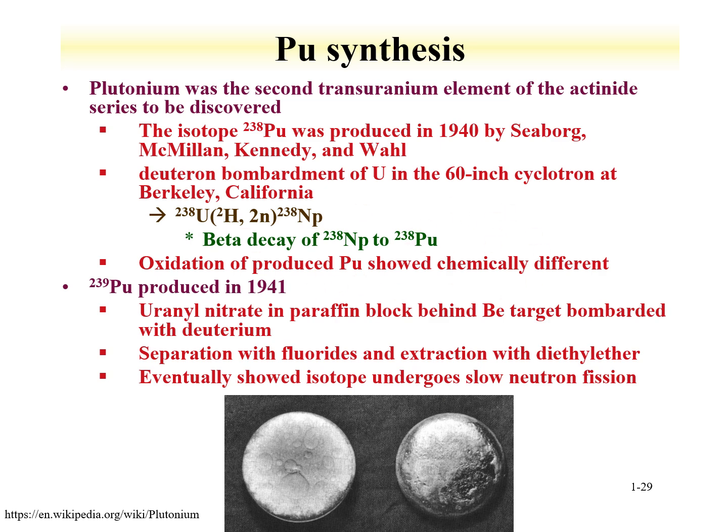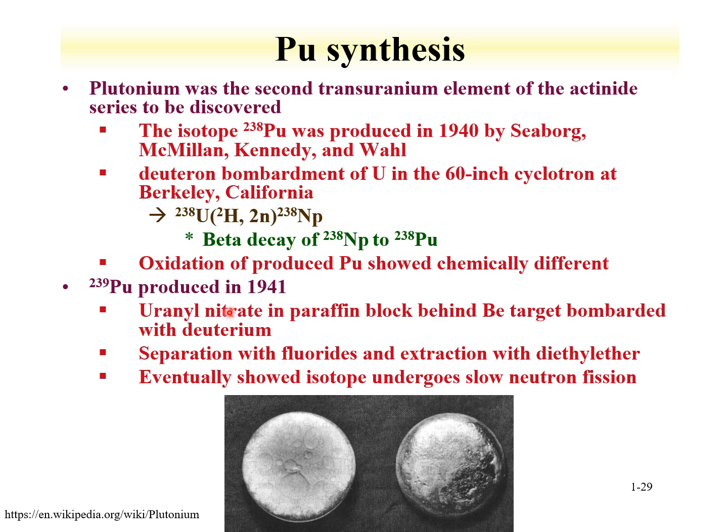Eventually, in 1941, plutonium-239 was produced, where uranyl nitrate in a wax was placed behind a beryllium target that was bombarded with deuterium, so a lot of neutrons. The paraffin block would thermalize, would slow down, those neutrons. So the uranium-238, in this case, would absorb a neutron and make uranium-239.